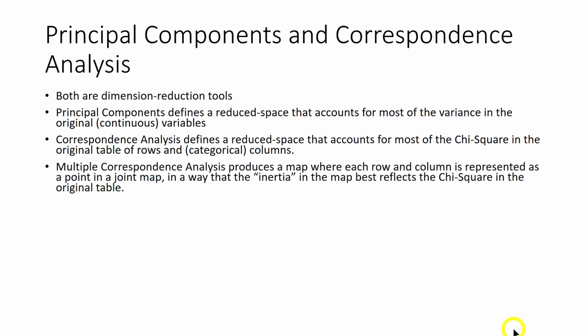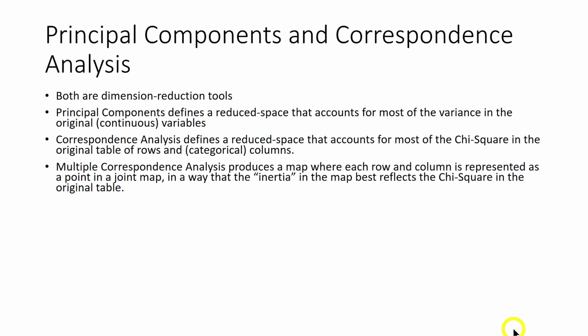Multiple correspondence analysis, as I said before, produces a map where each row and column is represented as a point in a joint map in a way that the inertia in the map best reflects the chi-square in the original table. And what do I mean by inertia?